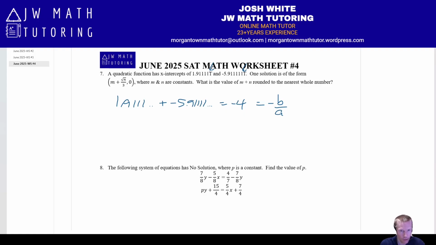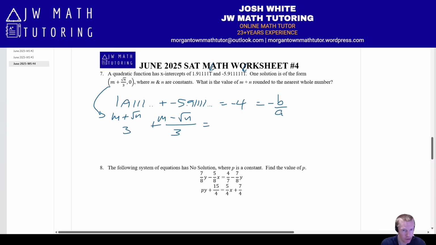2m. One other thing you have to do, you have to take this solution, m plus root n over 3, and realize there's going to be a second solution, which is m minus root n over 3. And if you add these together, the square root n parts cancel out. Actually, let me just rewrite this because I didn't write this correctly. This should be like this.